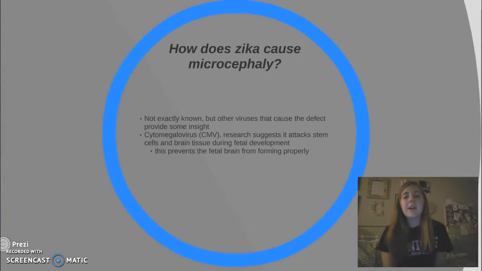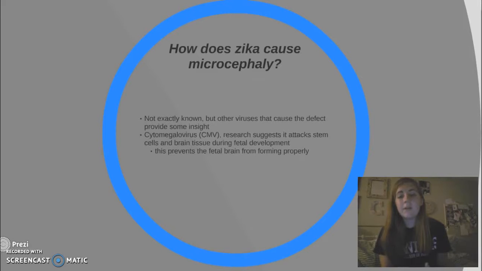So how does Zika cause microcephaly? It's not exactly known. As mentioned with criteria 6, it infects the progenitor cells and creates cell death, so that could be a possible way that it causes microcephaly.